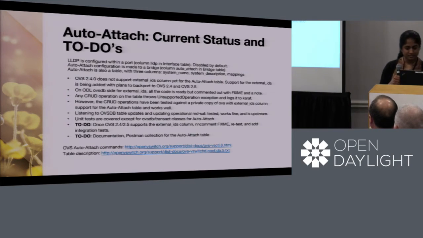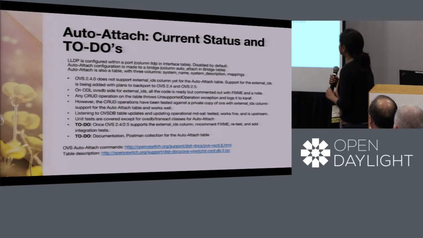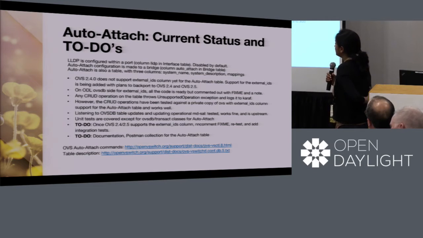There are two aspects to it. One is LLDP support, which is a column in the interface table, and the auto attach table itself, which is also a column in the bridge table.